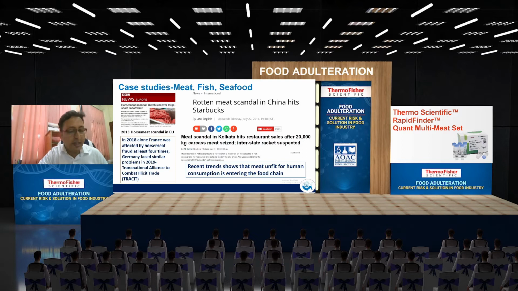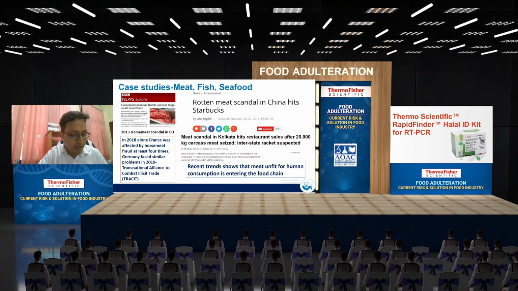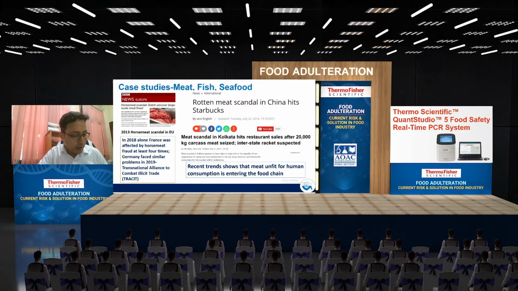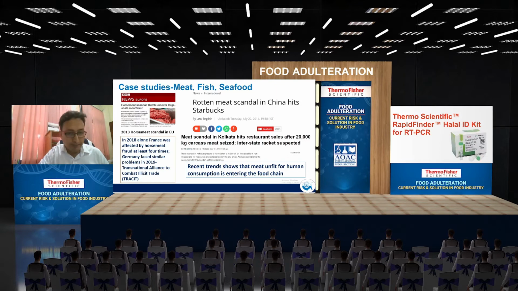Let me elaborate how huge the impact of food adulteration is in the sector which I represent, that is food of animal origin, meat and seafood products. We all know the 2013 horse meat scandal in the EU, where horse meat was substituted in beef. Probably that was the trigger event when authorities and researchers in most of the EU countries took note of this serious problem.